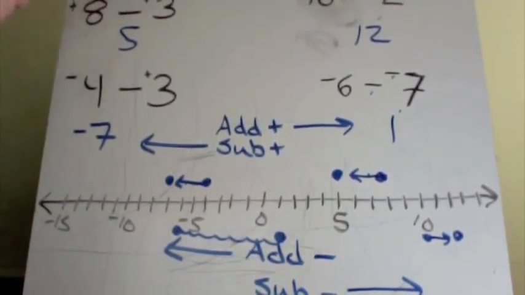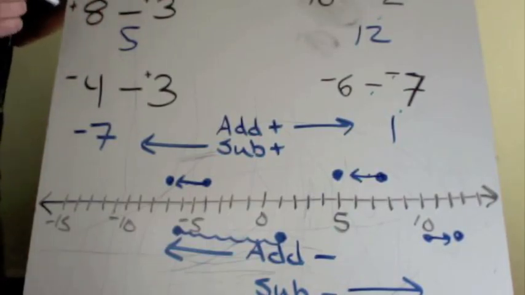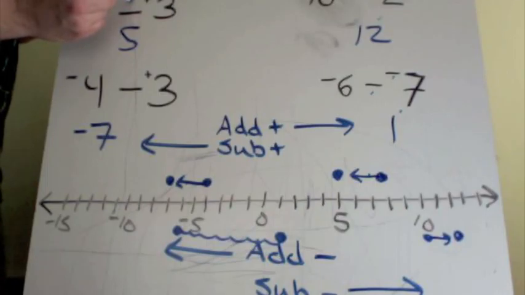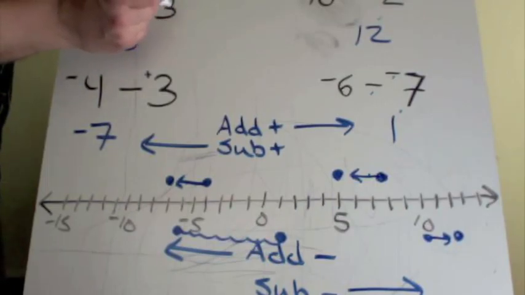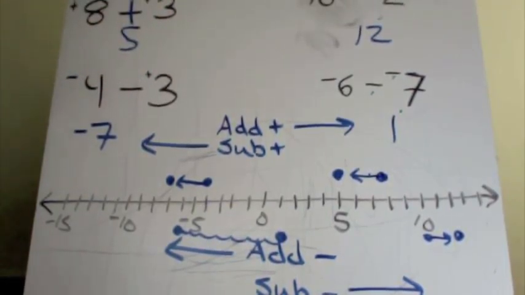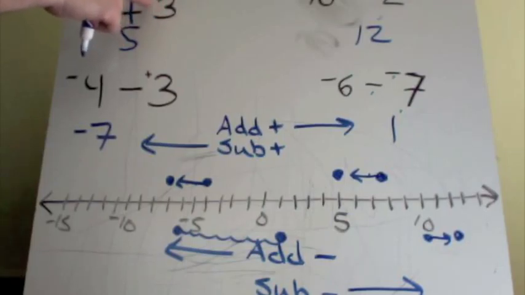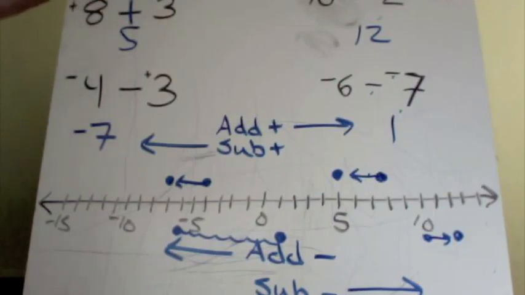So instead of subtracting, I want to turn that subtraction into addition. And I can do that. There's a rule that allows me to do that. I can do that if I do one thing afterwards: I change the sign of the number just to the right of that sign. So I turn that subtraction into addition, then I need to change the sign of this thing. I need to turn that positive 3 into a negative 3.